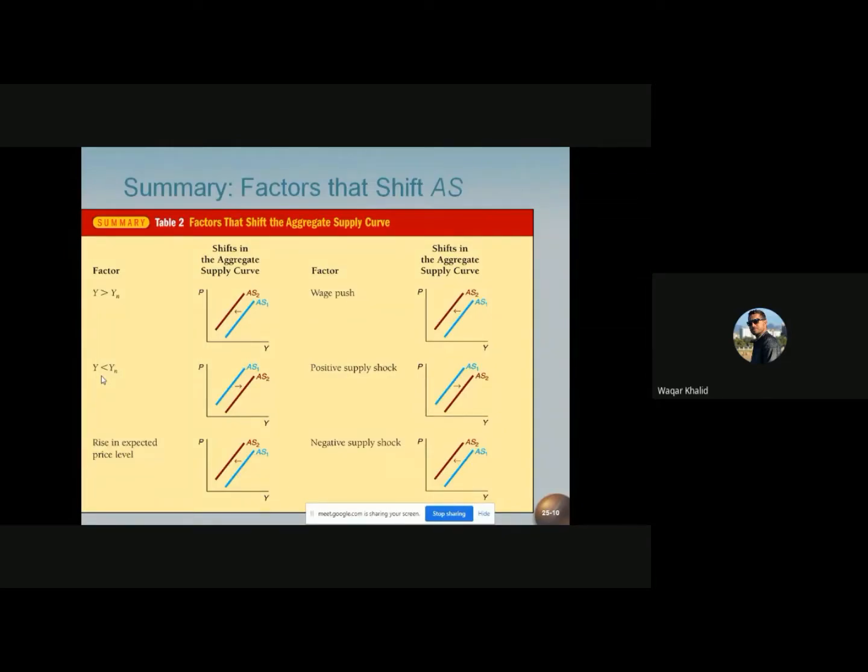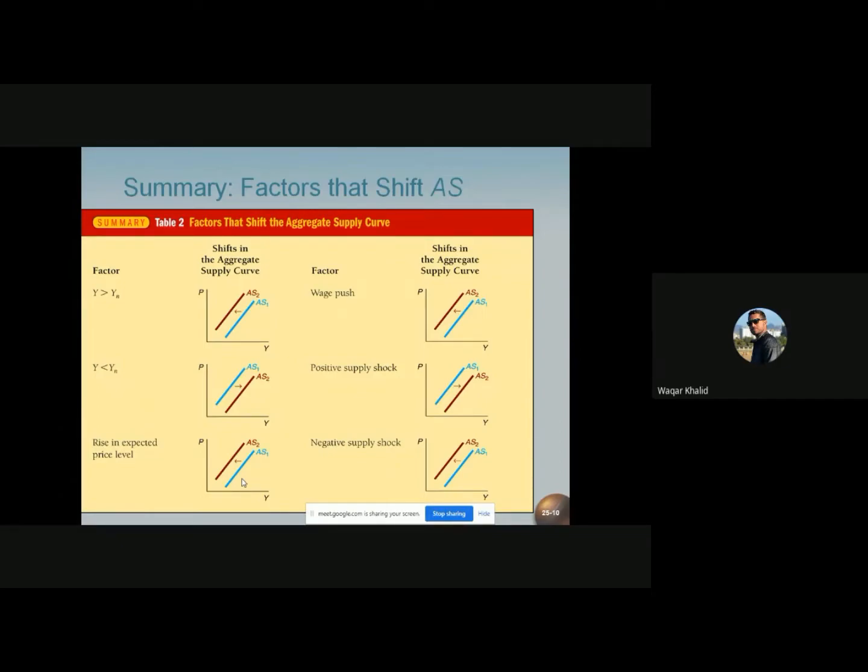The second important factor affecting the position of the aggregate supply curve is known as the expected price level. How will a rise in expected price level affect the position of the aggregate supply curve? Very simply, an increase in the expected price level leads to higher wages, which in turn raise the cost of production.